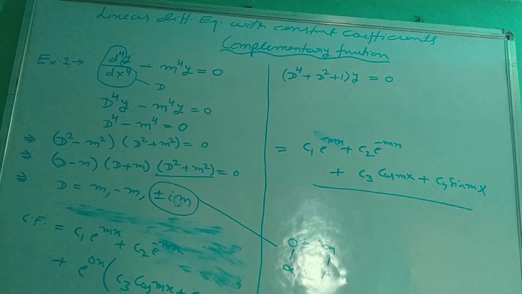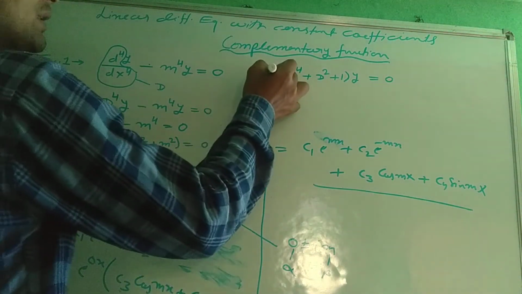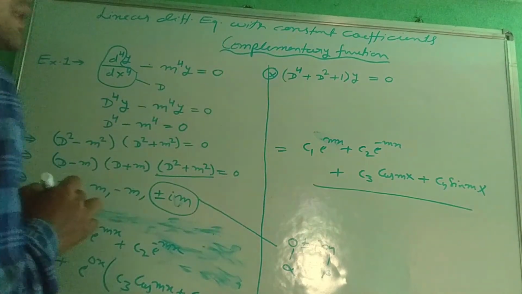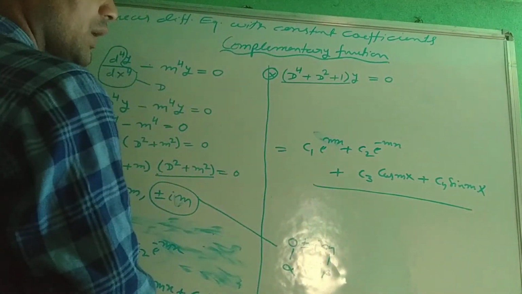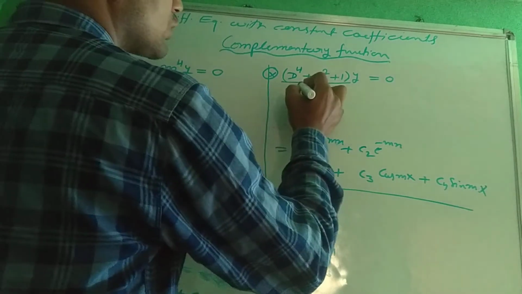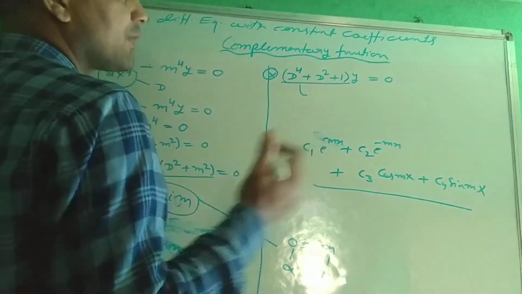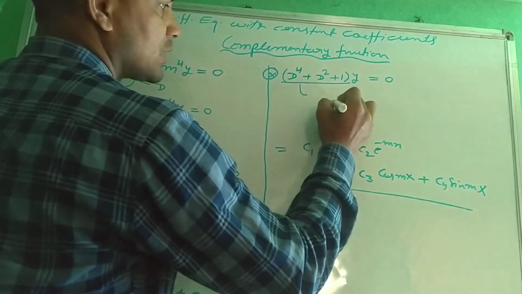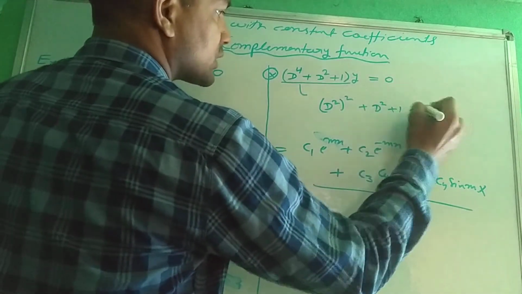Now if you want to solve question number two, for finding the complementary function of this question, first we need to calculate the roots of this equation. We can simplify this equation according to this method, D square to the power 2 and D square plus 1 equal to 0.